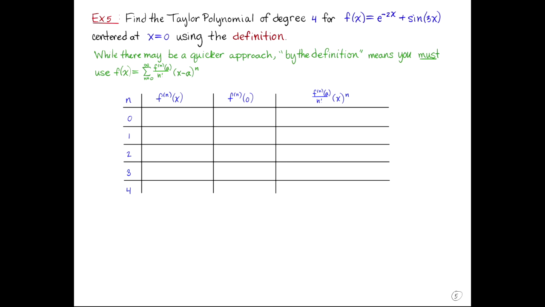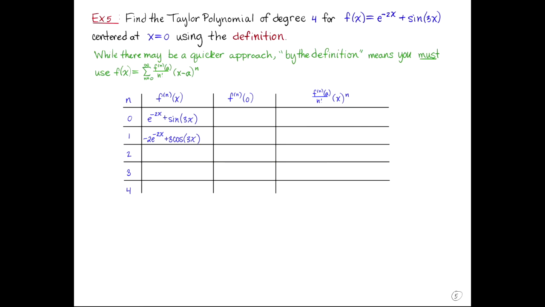Let's start by finding our derivatives, filling in the first column. When n is equal to 0, we have the function itself, e to the negative 2x plus sine of 3x. At n equal to 1, we want our first derivative, negative 2 e to the negative 2x plus 3 cosine 3x.